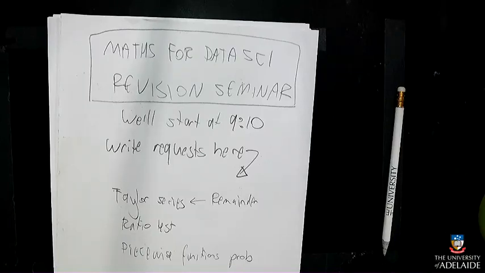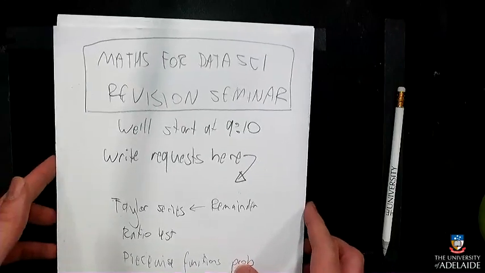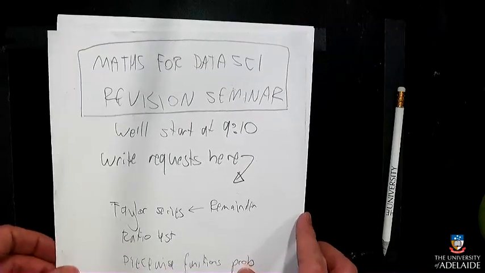So if you're watching this in 2020 or the future, hello from the very first time this course has ever been taught. We're all still figuring out what's going on in this course at the university because it's new. So I've got some requests of things to talk about, and the first things are about Taylor series and infinite series. I will talk about those things first, and then we'll see what happens after that.